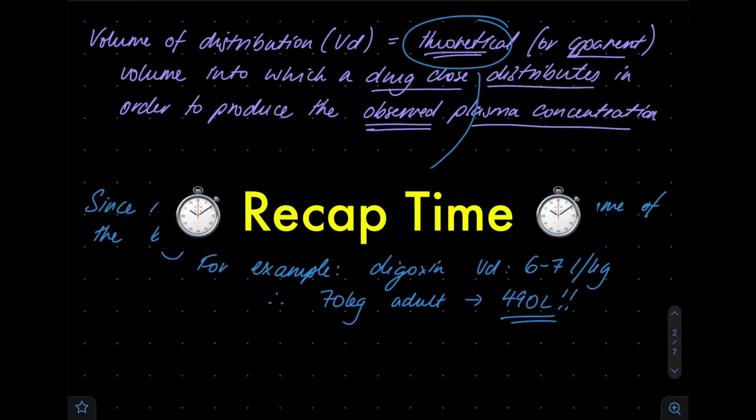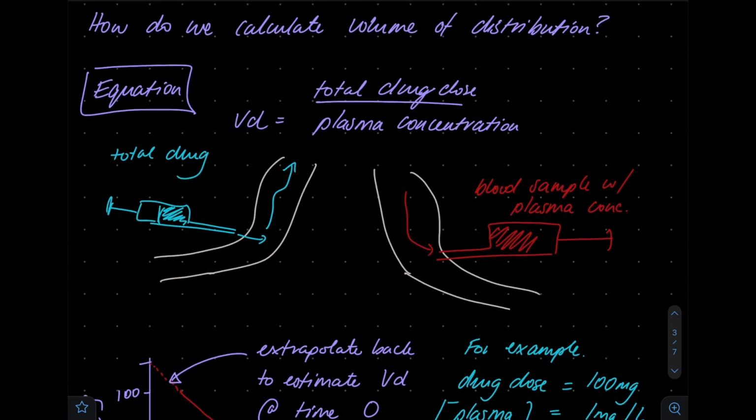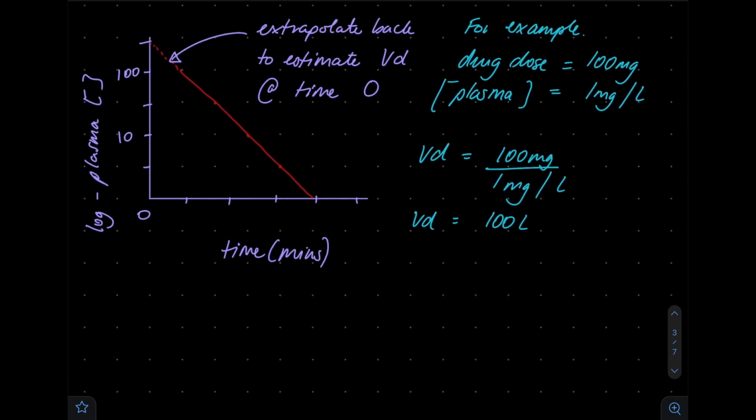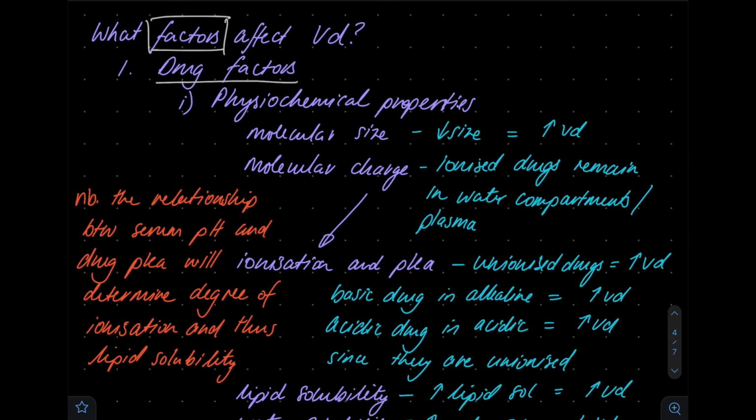Okay, it's the time of the video where we go back and recap what we have just learned. First off, we started with defining volume of distribution, emphasizing that this is a theoretical volume. Next, we talked about how to calculate volume of distribution and its equation. We then focused on the numerous factors that affect volume of distribution, which can be grouped into drug factors and patient factors.